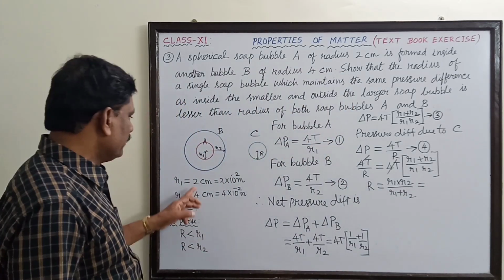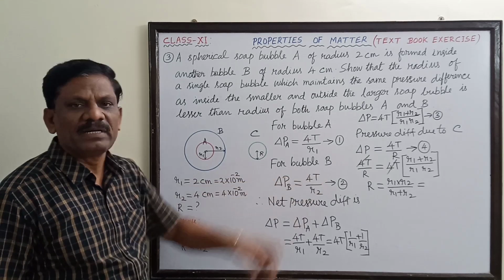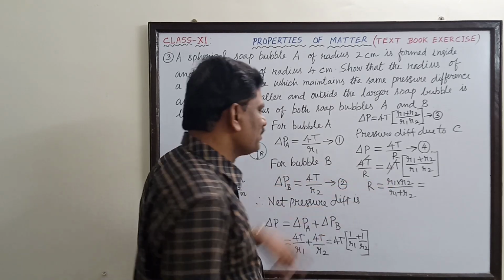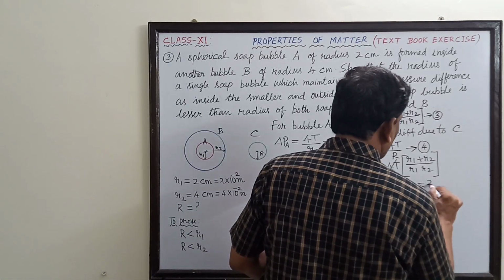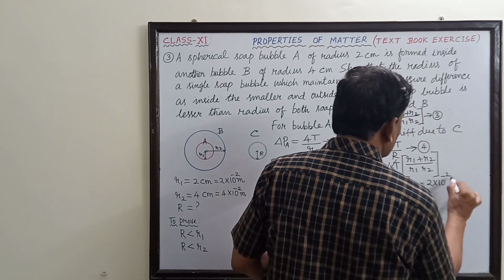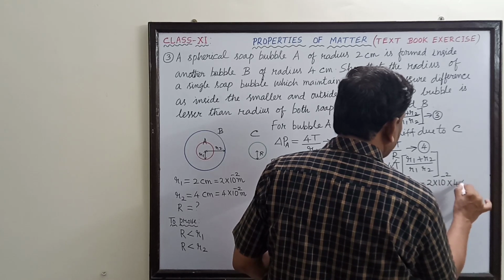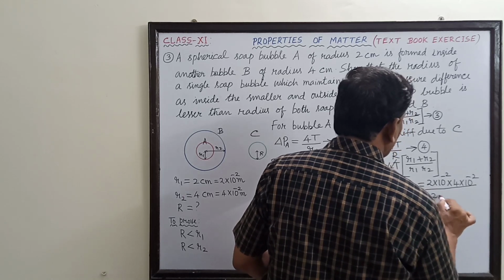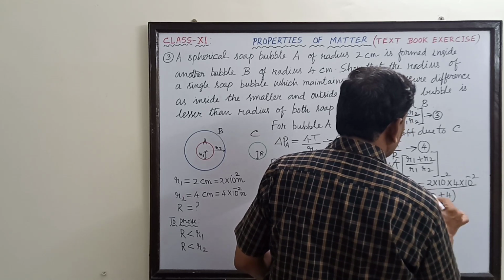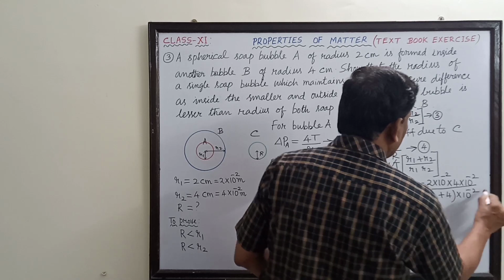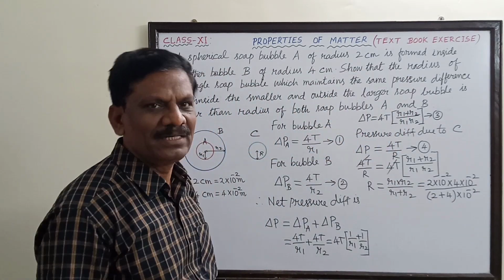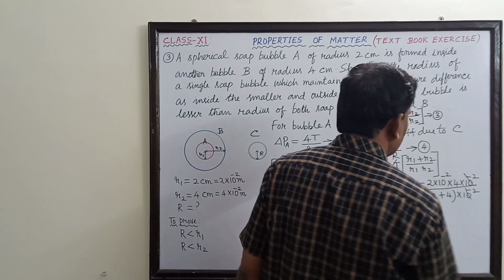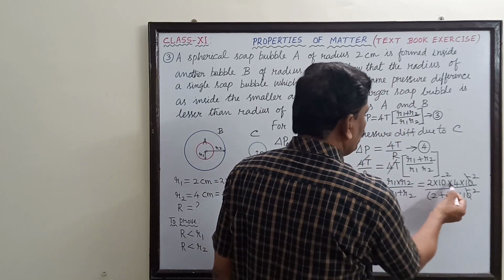Now the values 2 cm and 4 cm I am going to substitute. First the numerator: 2 into 10 power minus 2 multiplied by 4 into 10 power minus 2, divided by 2 plus 4 into 10 power minus 2 as the common factor. So this 10 power minus 2 I will cancel. 4 into 2 is 8.